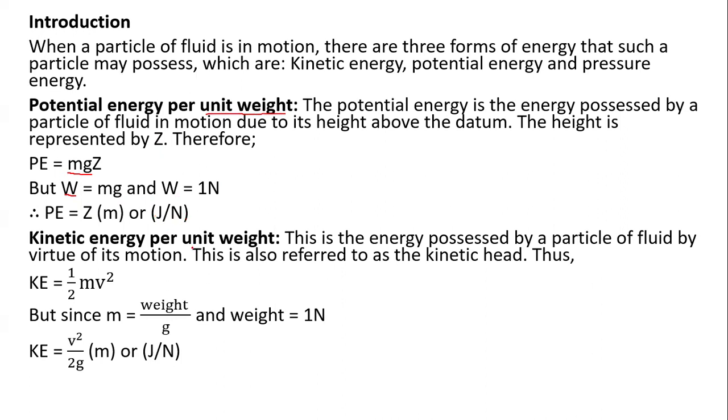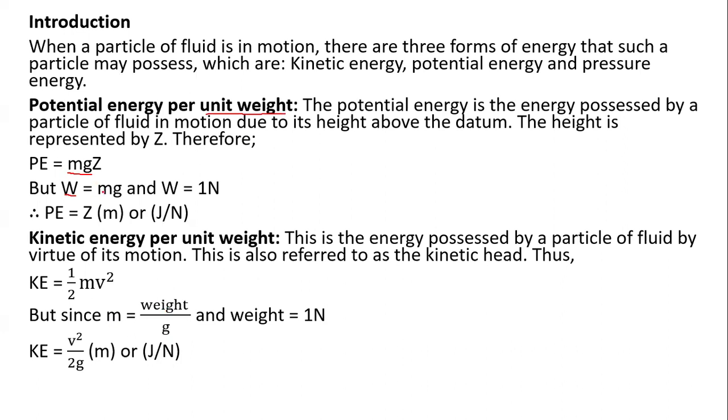Kinetic energy refers to the energy possessed by a particle of fluid because of its motion, because it is moving. So the formula is half mv squared. Mass is the same as weight divided by g, because weight is mg like we saw there.